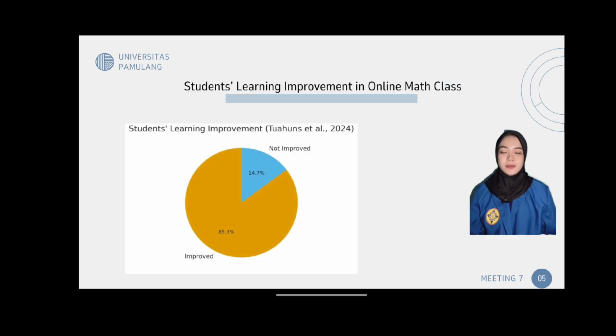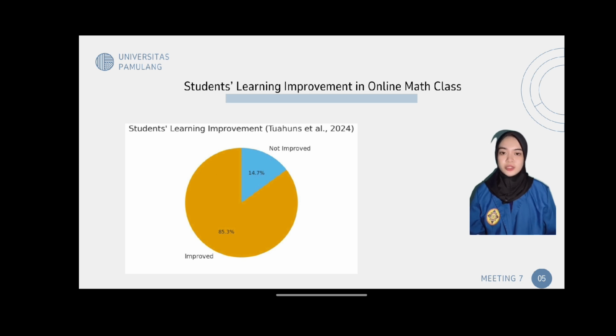The first study was conducted by Tuahun, Safitri, and Sabrina in 2024 at a university in Indonesia. The research involved 95 students who took an online mathematics course. The result is very interesting. As you can see in the pie chart, 85.26% of students showed improvement in their learning outcomes after taking the online course, while only 14.74% did not improve.